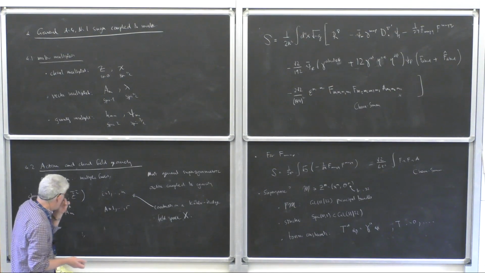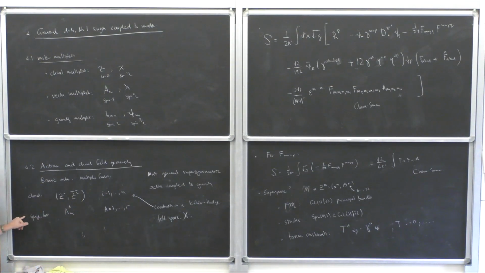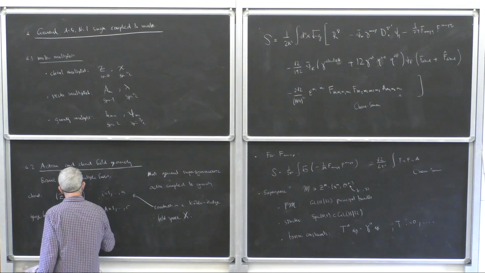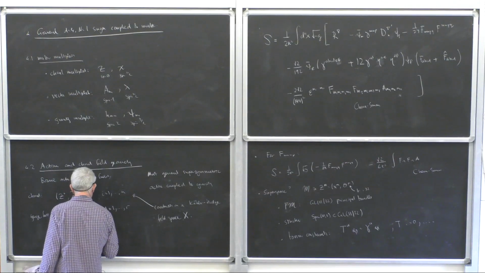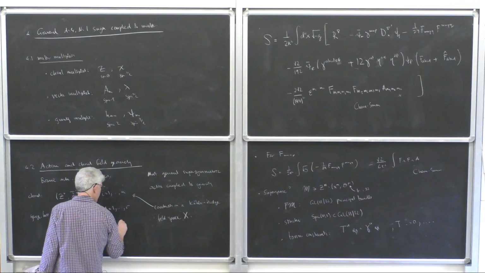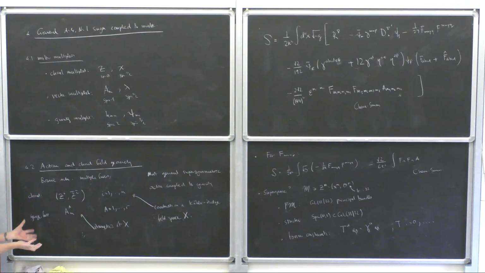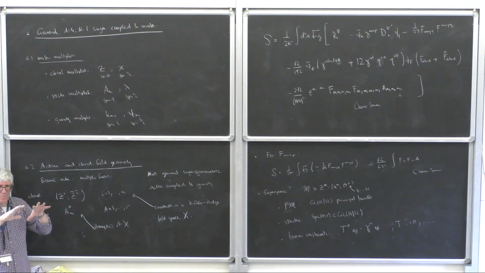Okay? And then the way that the gauge fields appear is that they come from isometries of X. So you've got this space, which is going to be some curved space where the fields live, but that space may have some isometries, right?